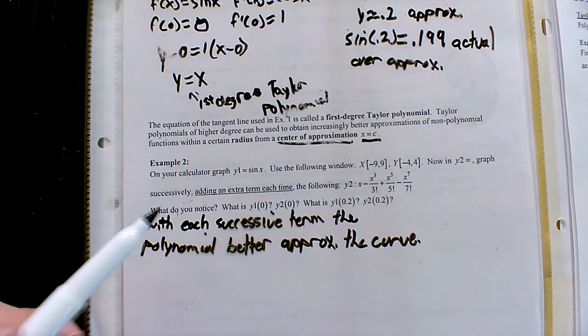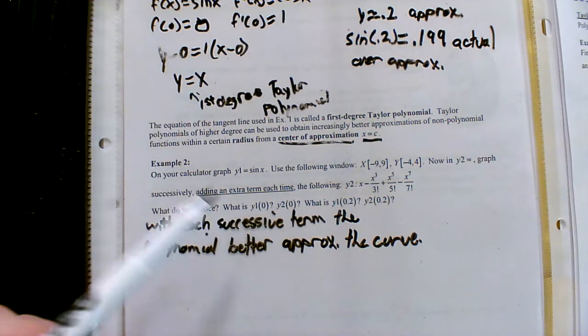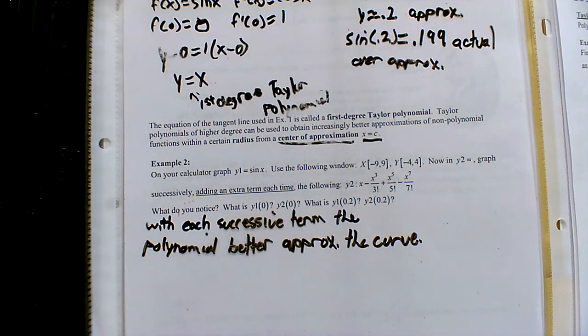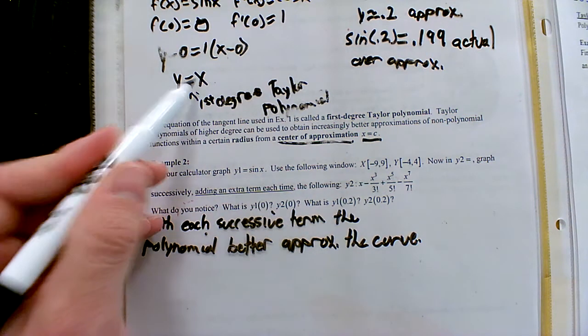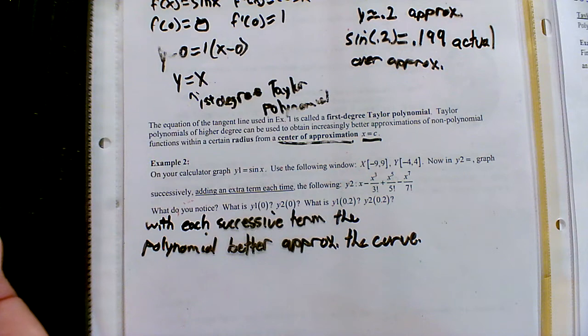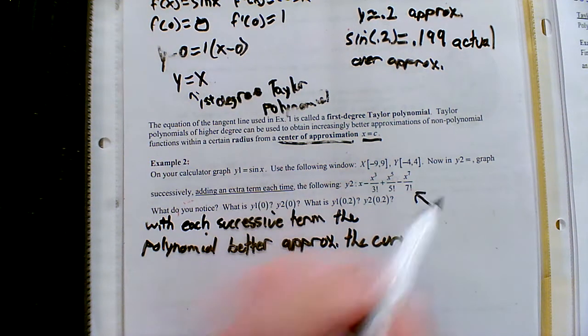Okay. Then it goes on to say what is y1 of 0, what's y2 of 0, what is y1 of 0.2, and what is y2 of 0.2. So before we get started, the first one from up above, when we just had y equals x, this was considered a first degree Taylor polynomial. What do you think this one's considered?